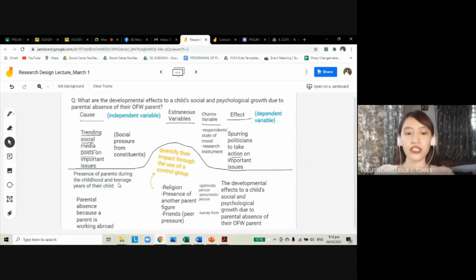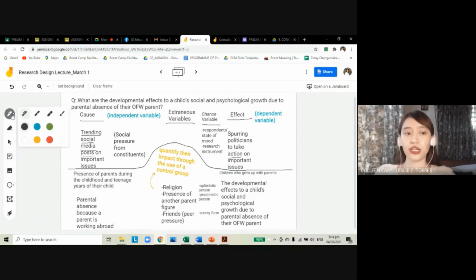So let's say kani ang control group kay kanang children who grow up with parents. So kani ang control group kay ato silang i-compare, kani nga group katong naay parents pagdako nila o katong group mga children who have OFW parents.